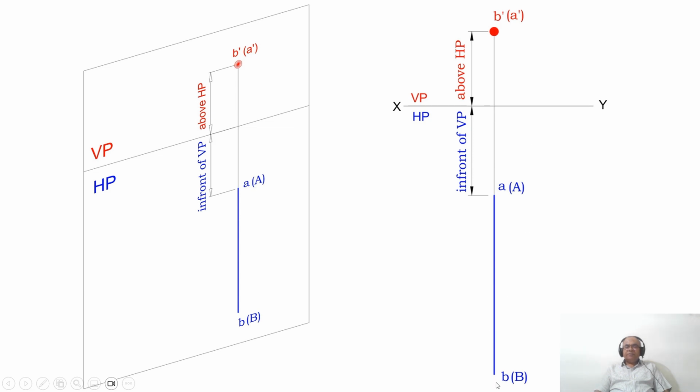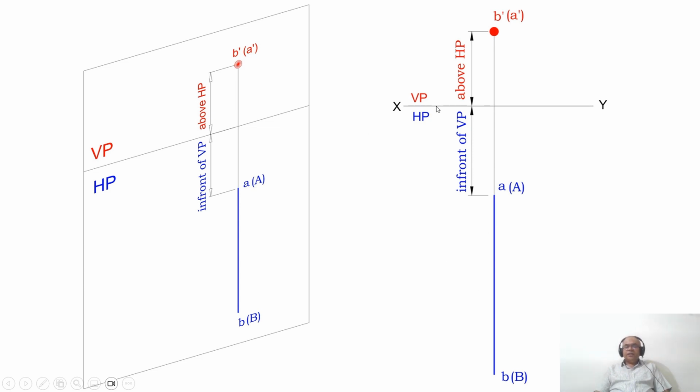B is near to the observer, so B dash is visible, and A is away from the observer, so A dash becomes invisible. So B dash and A dash in bracket. Both B dash and A dash are above HP by the same distance. Therefore, in HP, you are getting the true length, which is capital A in bracket and capital B in bracket. And this is not in true length because both the endpoints are not equidistant from the vertical plane.